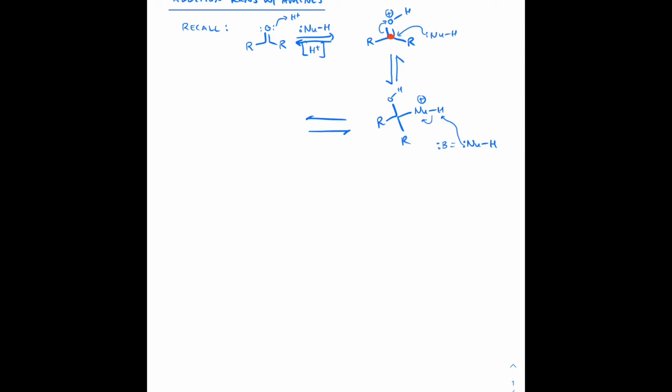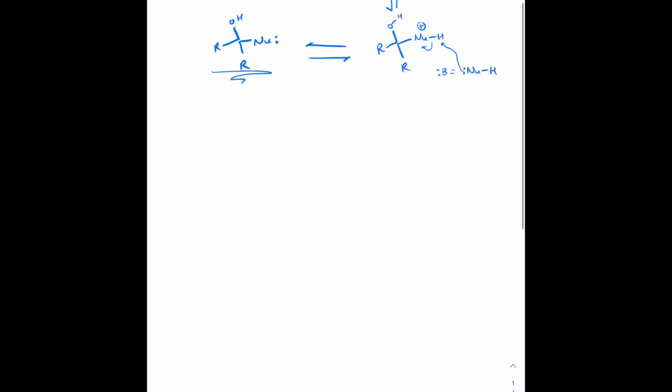So after the removal of that proton, we get the desired product, which, depending on the nucleophile, can have a variety of names. But as we'll see for amines, it will be called a carbinolamine. So one thing we're going to have to note is that this is a generic mechanism.